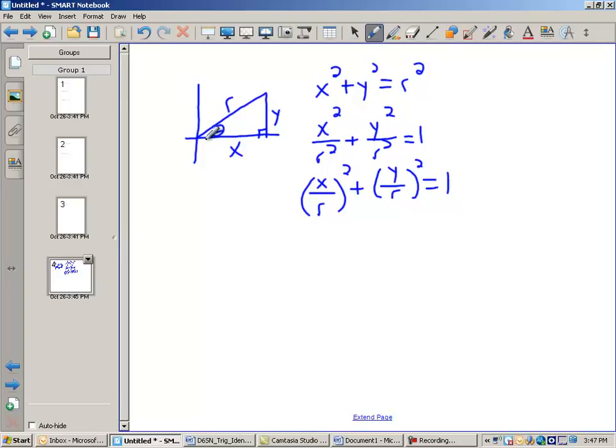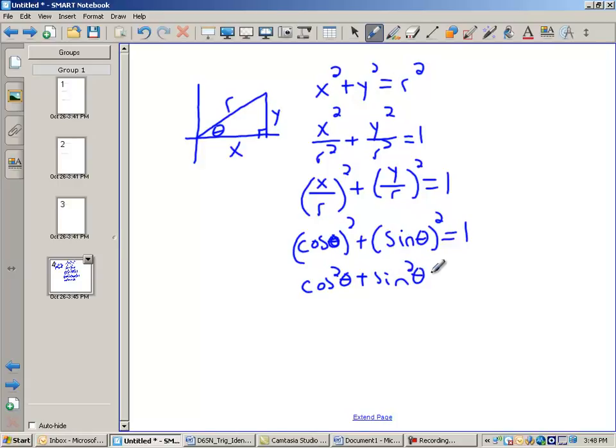From this picture, I can replace x over r with a trigonometric function, and of course, that's the cosine of the angle theta. And y over r I can replace with another trigonometric function, and that is sine of theta. This is usually written as cosine squared theta plus sine squared theta is equal to 1.